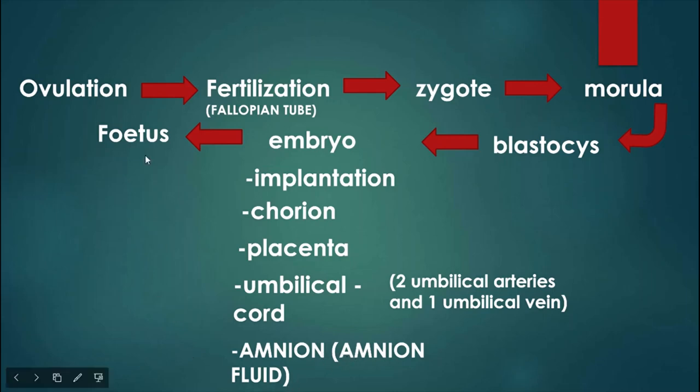After about 8 weeks, the embryo develops structures such as limbs and all the organs of the body. Now it is called the fetus. And then the gestation period between fertilization and the birth of the baby usually lasts 9 months. Now let's look at the questions under this.